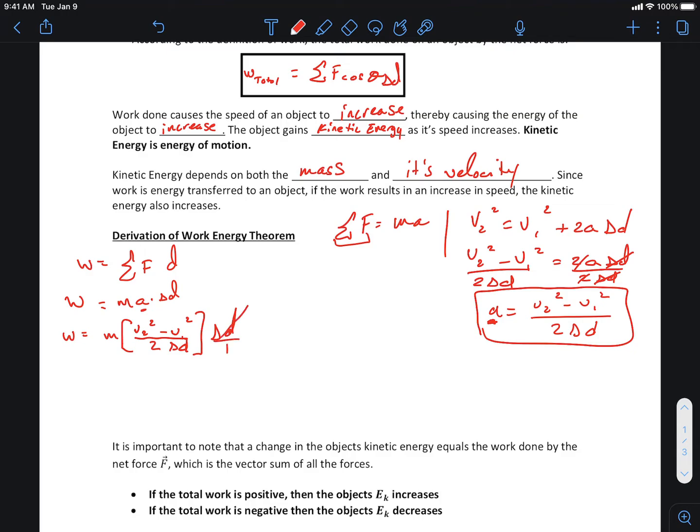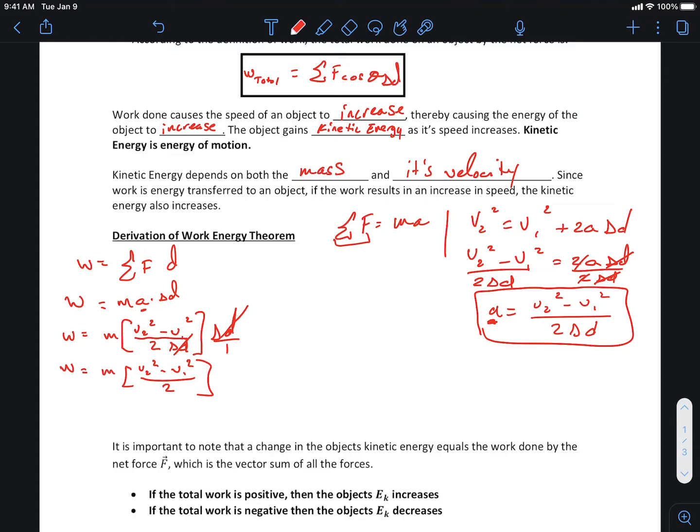What happens to the D's? Well, they cancel because they're opposites, numerator and denominator. What are you left with? The work is mass times V2 squared minus V1 squared over 2.